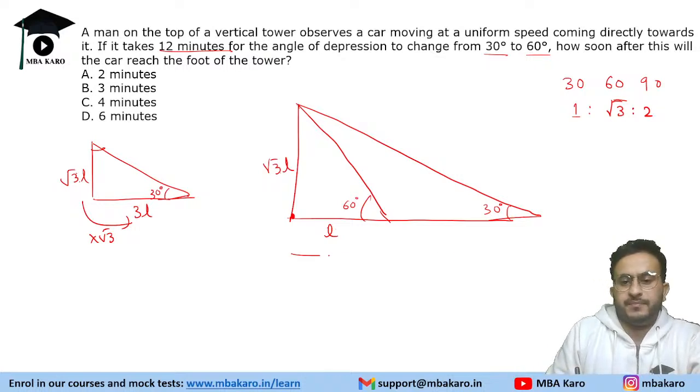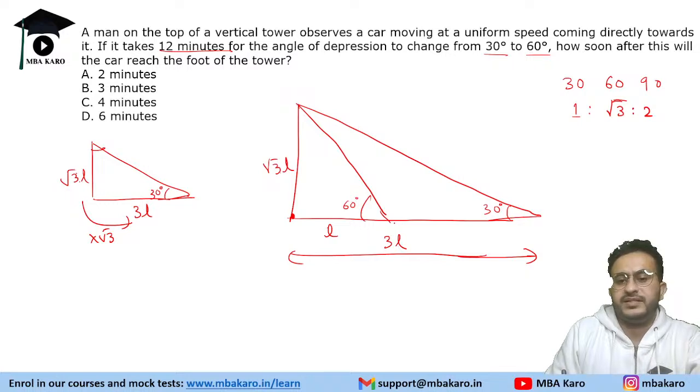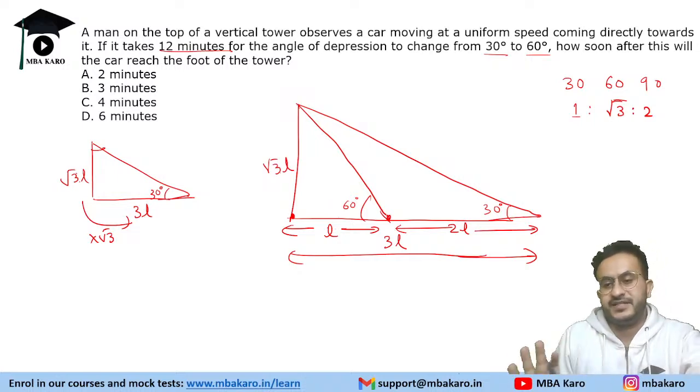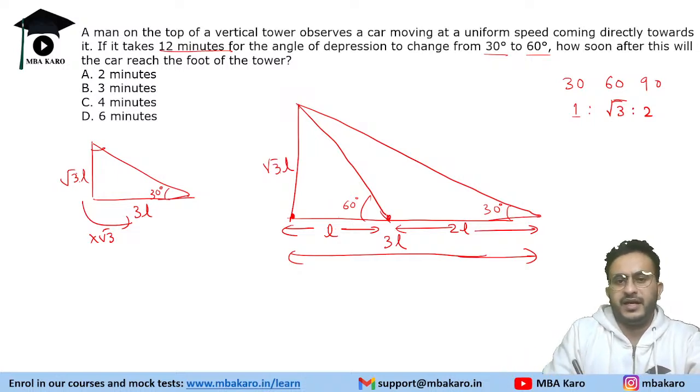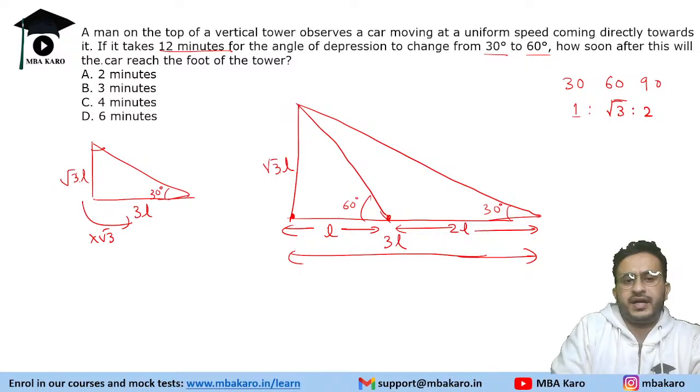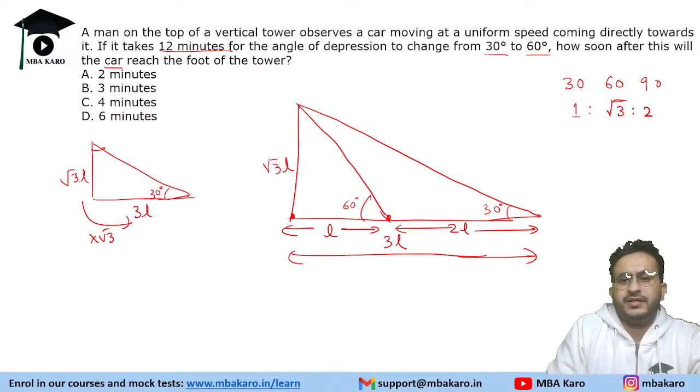So this complete length is 3L. That means this length from this point till this point is 2L. So the remaining distance is half. We need to assume that the car is moving at uniform speed, already given.